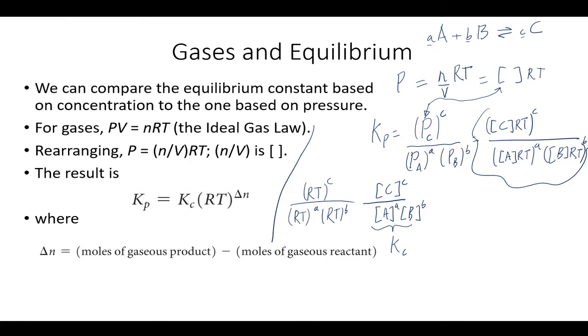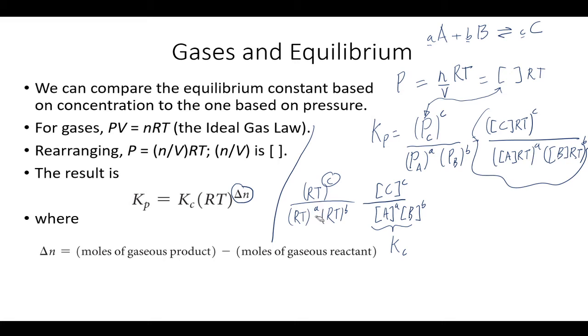So if all of this is Kp, then it's no surprise that Kp is equal to Kc times RT raised to the delta n, where delta n is moles of product minus moles of reactants, okay?